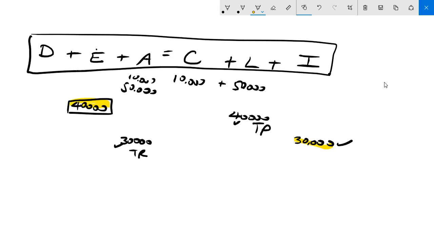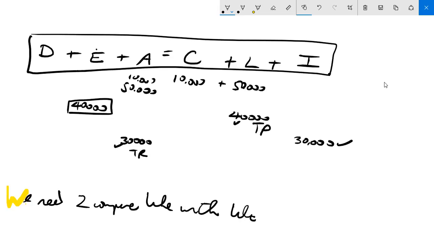So it only makes sense for us to compare like with like. That's really important.